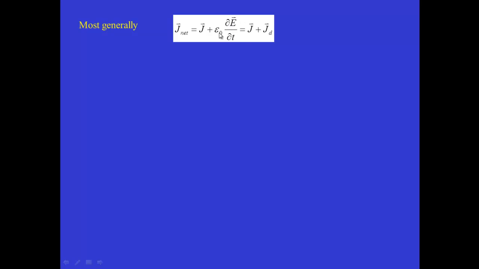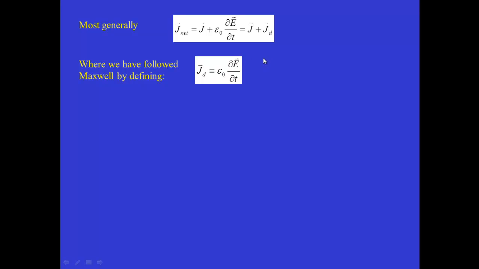And Maxwell called this second term the displacement current. Now it's not really a current because it's not a flow of charge. However, it has the same dimensions as a current, and the reason he called this the displacement current is that in a vacuum, we know there's a relationship between D and E and the polarization P. So in a vacuum, the polarization P is 0, and epsilon naught E is simply D, the electric displacement.